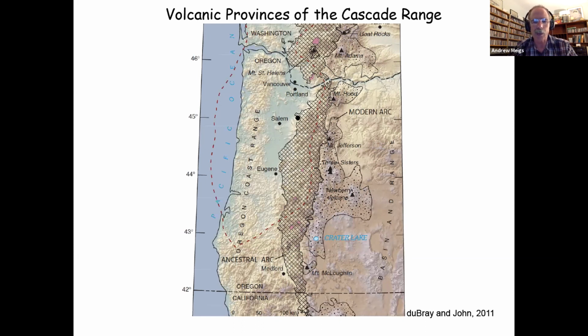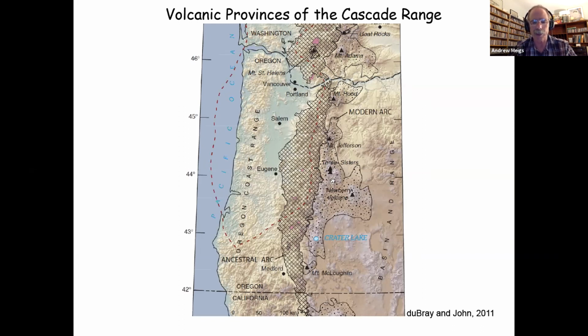The volcanic rocks that make up the Cascades are most commonly lumped into two belts on the basis of age. There's the Western Cascades, which is the older and earlier part of the Cascade volcanic history, and it extends in time from about 40 to roughly 7 million years ago, at which time the so-called High Cascades become the locus of volcanism, and the major stratovolcanoes are built in the period after about 7 million years ago.